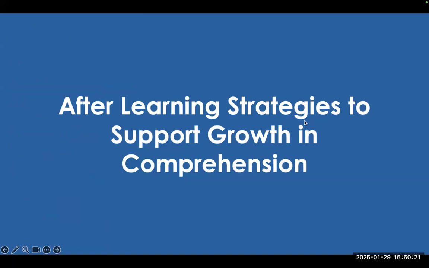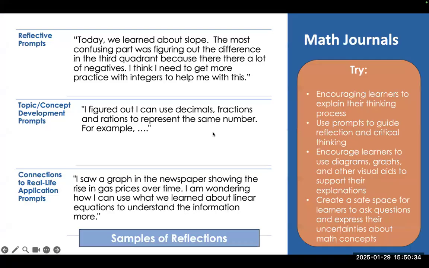After we learn, we continue wanting to try to deepen understanding of topics. And so we want to think about what strategies might support growth and comprehension even then. Math journals are a really good way to start that process. They can be used to help students organize and clarify thinking processes for math that is being explored.